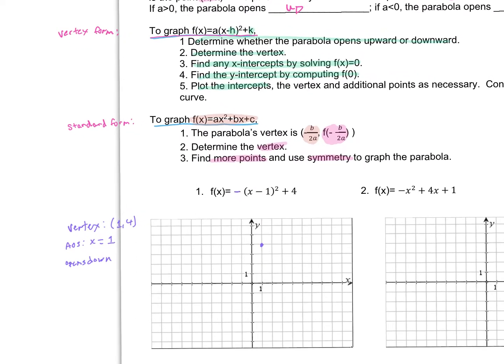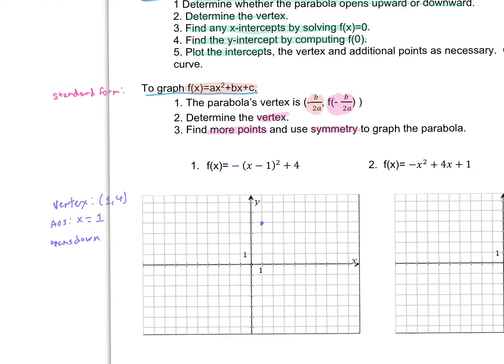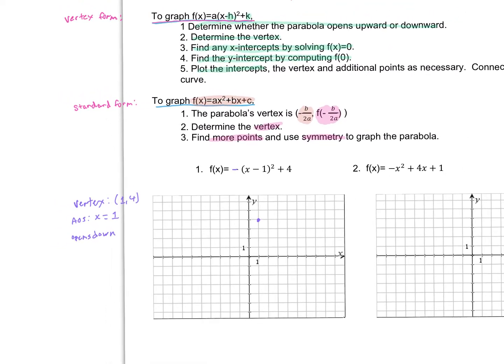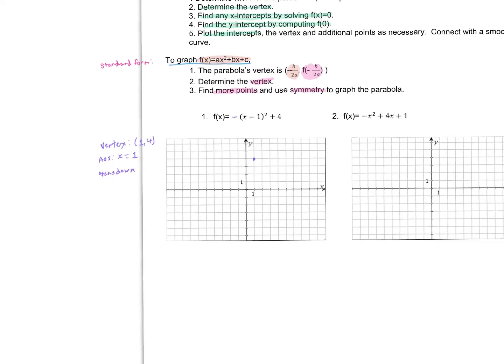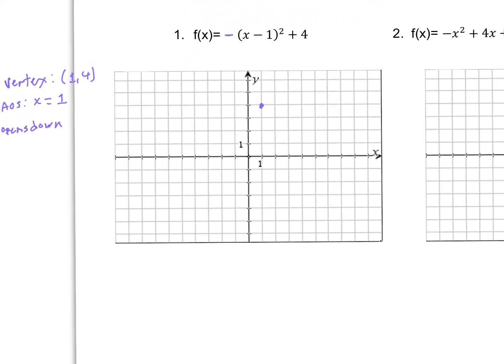So that's what it's saying: find the x-intercepts by setting y equal to 0, and then compute when x is equal to 0 and when y is equal to 0. Sorry, got distracted there. All right, if we set y equal to 0, then we get 0 equals negative (x minus 1) quantity squared plus 4.